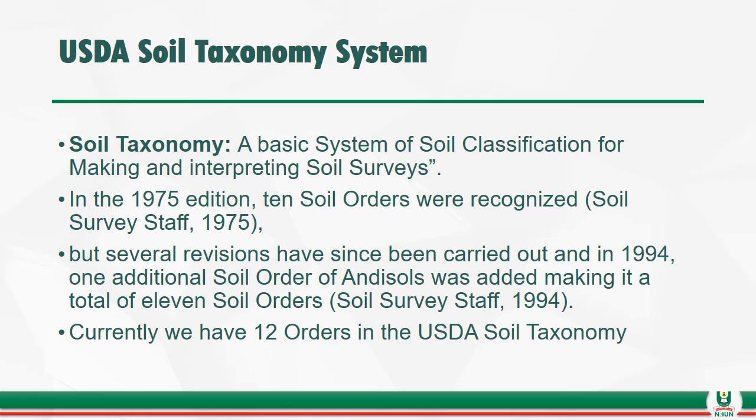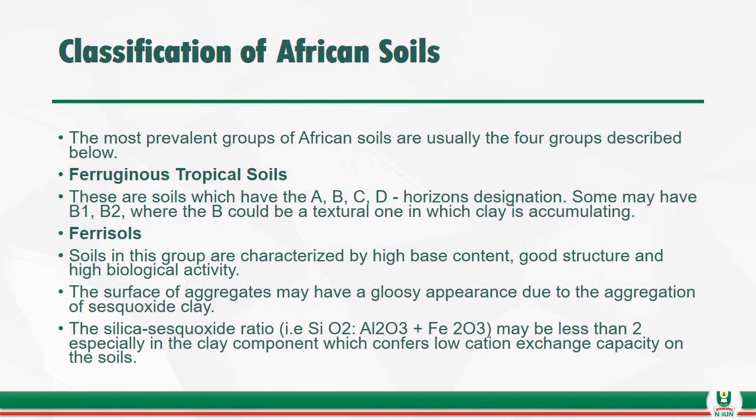However, the USDA soil classification is the most generally acceptable soil classification system in the world, and they have about 12 orders as of today. In 1975, there were 10 orders recognized according to Soil Survey Staff. In 1994, there were 11, but currently we have about 12 orders in the USDA soil classification.